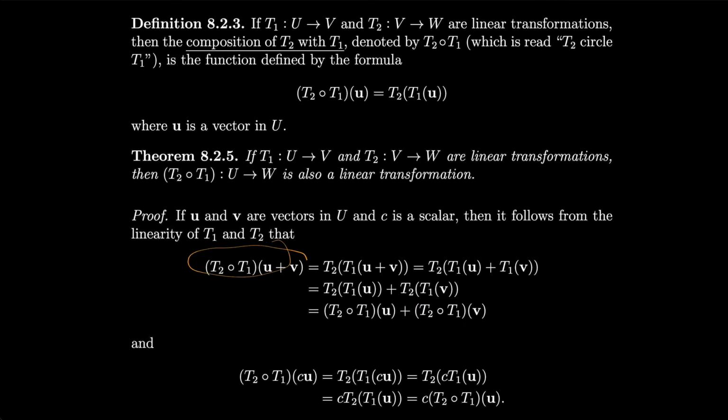So addition splits. Let's look at scalar multiplication. Well, T2 applied to T1 of c times u, the c can come out of T1 because T1 is linear, but then T2 is also linear, so the c can come out of T2, which is c times T2 circle T1 of u. So both linearity properties are satisfied.